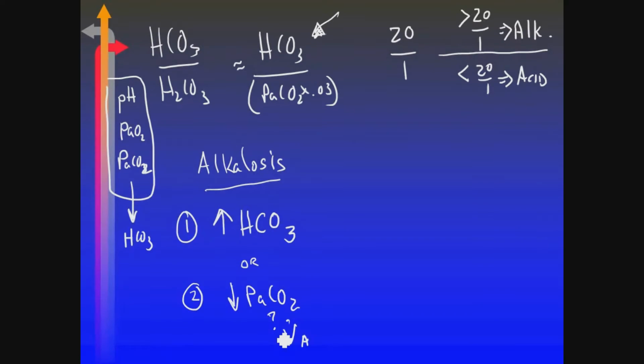Can I make the assumption that if I said that this was the lung, you'd be okay with that? And we're going to find the bicarbonate ions are controlled by the kidney. They're regulated by the kidney.